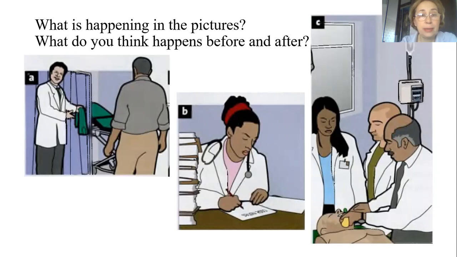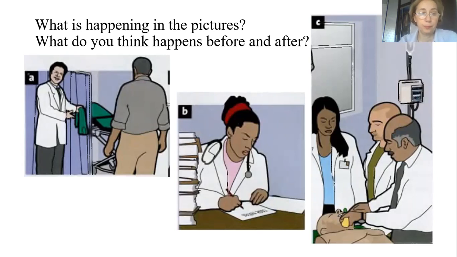Yes, Anurin, please. He's inviting the patient to sit on the chair where he could examine him. Exactly, yes. And what happened before? He asks about what type of problem he has, and the patient describes the problem.